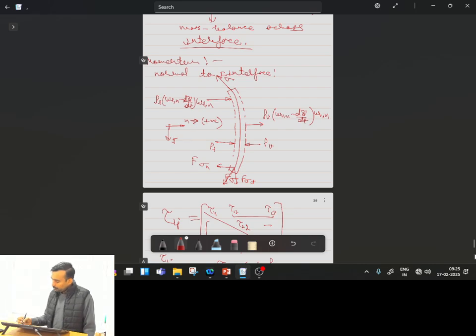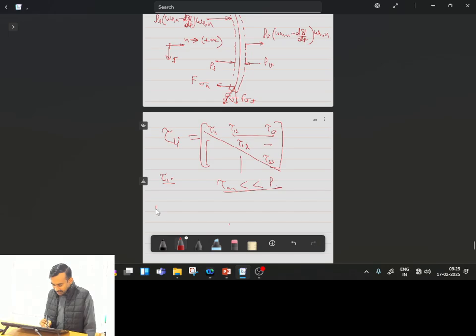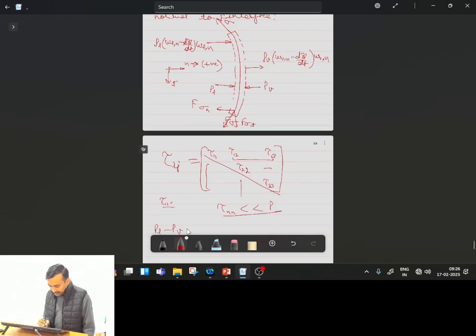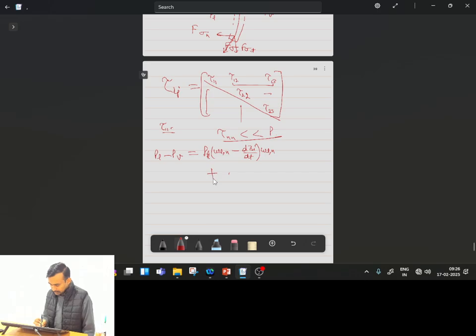If I see over here, PL is positive and P vapor is negative, so PL minus PV has to be equal to rho L into (WLN minus dZi by dt) into WLN, minus rho V into (WVN minus dZi by dt) into WVN.